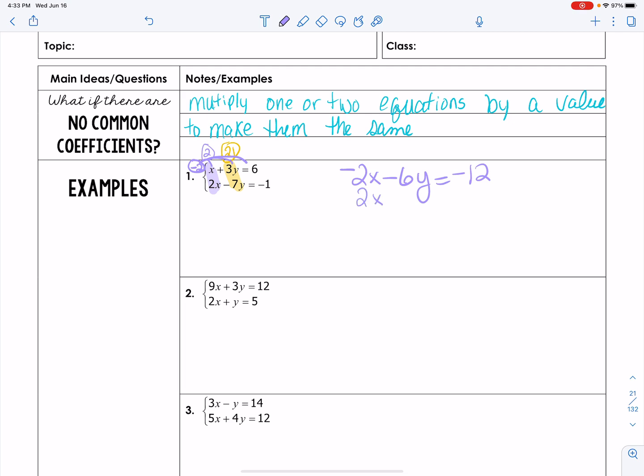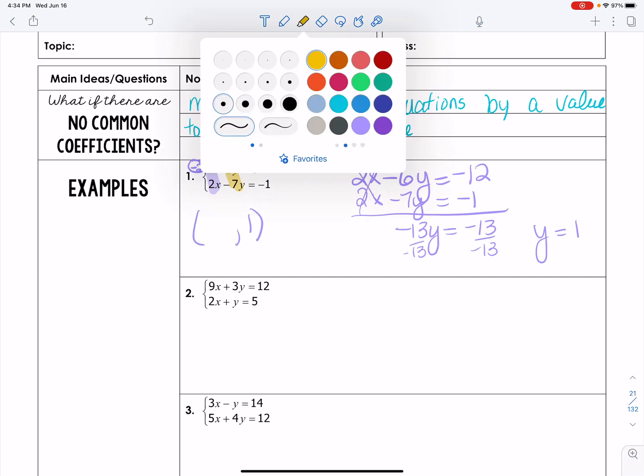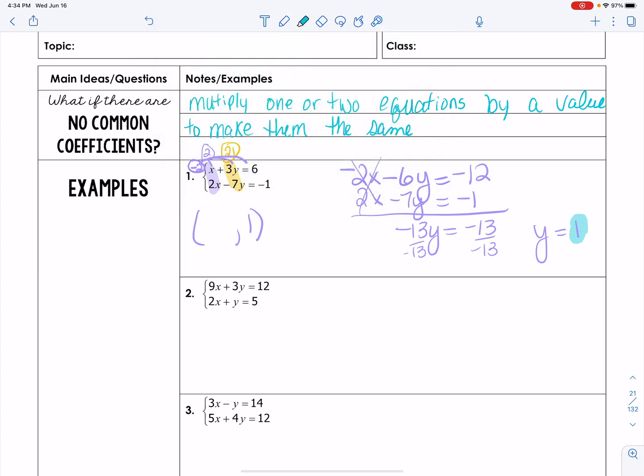Now this one was okay. So now my x's cancel, and I get a -13y equals a -13. Divide both sides by a -13, and y equals 1. So that is my second part of my answer, is 1. Okay, so I'm going to take this thing just so we can see it, and my y is 1. I got to take any equation, it doesn't matter, so I'm just going to use this one.